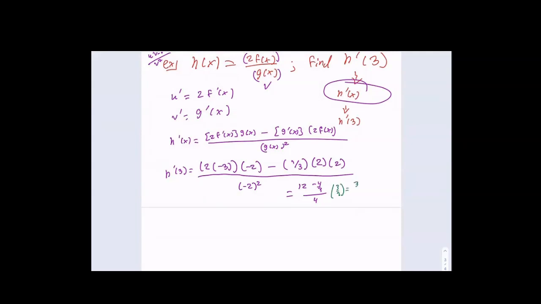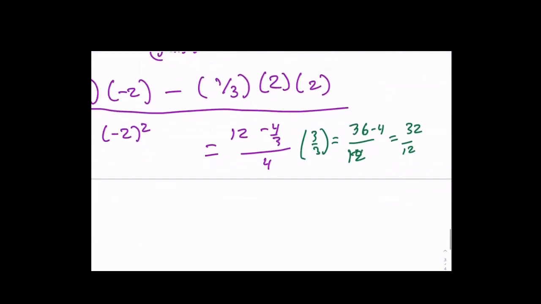That gives me 36 minus 4 over 12. And 36 minus 4 is 32 over 12, which gives me both divisible by 4. So I get 8/3.